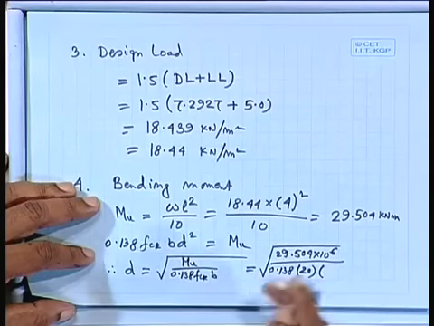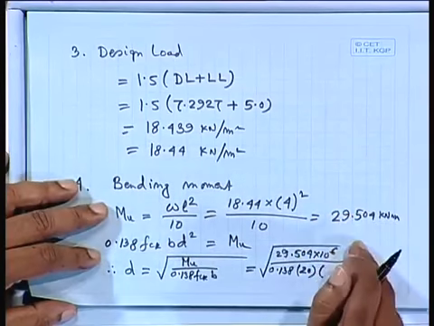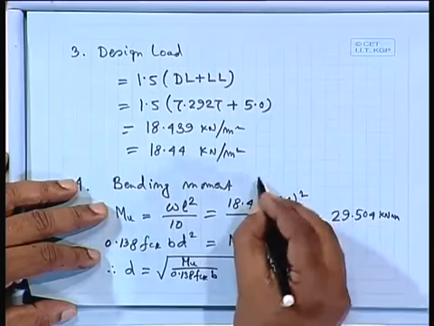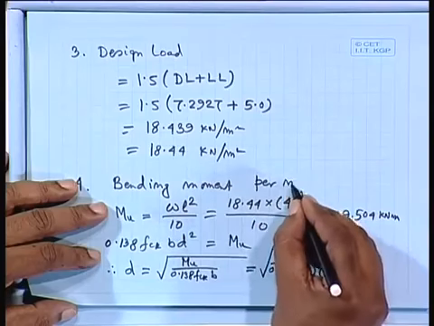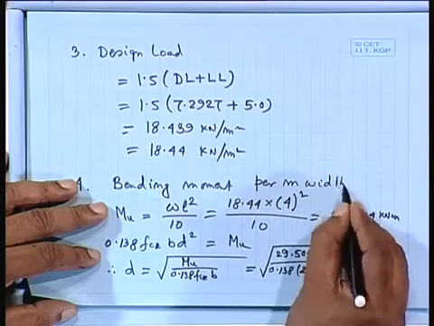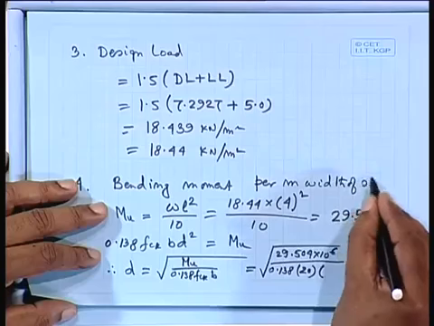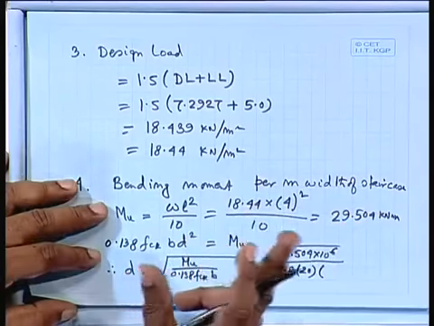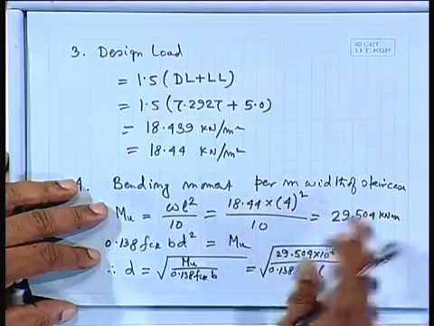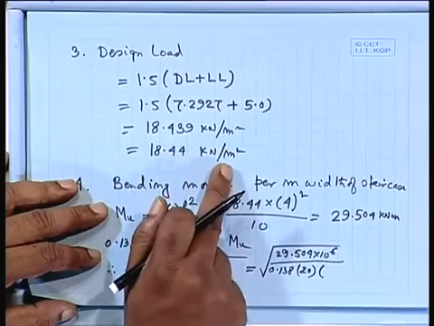How much will be b here, because we have taken this bending moment per meter width. Let us make it very specific: per meter width of staircase, because I have not taken that 1.5 meter, I have taken per meter width of staircase because I have got it in kilonewton per square meter.